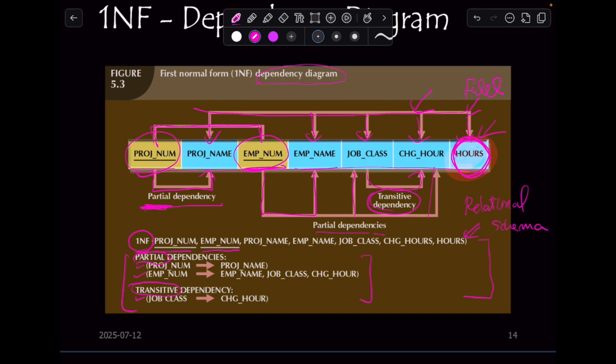So basically, we need to remove all the partial dependencies and the transitive dependencies while we are normalizing the data. So the first focus is given to partial dependencies. If you remove partial dependencies, you will obtain second normal form. So let's see how we can remove partial dependencies.